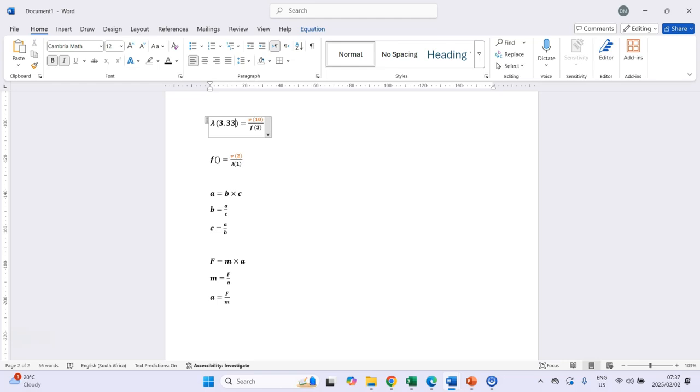So the relationship between frequency and wavelength is inversely proportional, or indirectly proportional, meaning that if this one goes up, then this one goes down, or if this one goes down, then this one goes up.